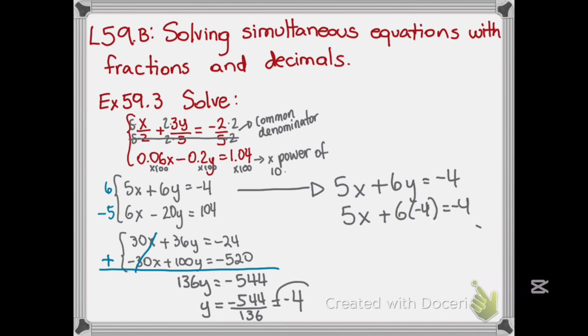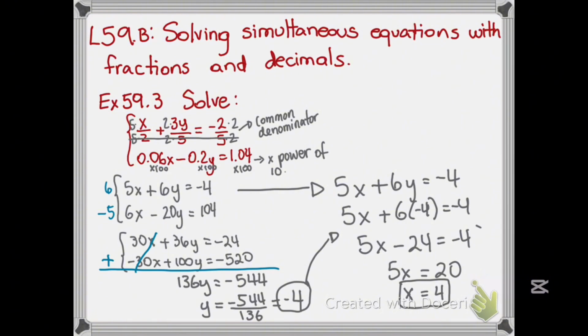And so here we're going to have 5x minus 24 equals negative 4. The 24 goes to add, so negative 4 plus 24 is positive 20. And then we pass the 5 to divide, which is 4.